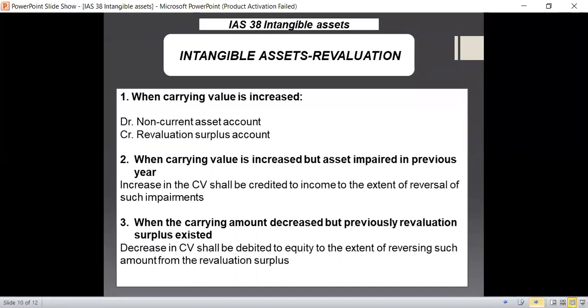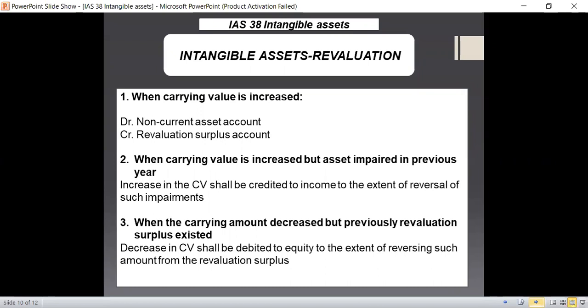Now let us discuss how we are going to measure our intangible assets subsequently when the revaluation model is adopted. Accounting treatment of revaluation purely depends on whether the carrying amount of an asset is decreased or increased, as we did in the case of property, plant, and equipment.